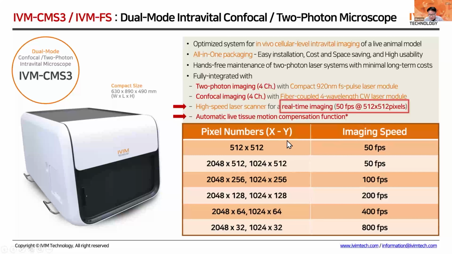If we decrease the number of y-axis pixels, for example from 512 to 256, our imaging speed will be doubled to 100 frames per second. Similarly, if we further decrease the number of y-axis pixels to 128, 64, 32, proportionally we can increase the imaging speed to 200, 400, even 800 frames per second.